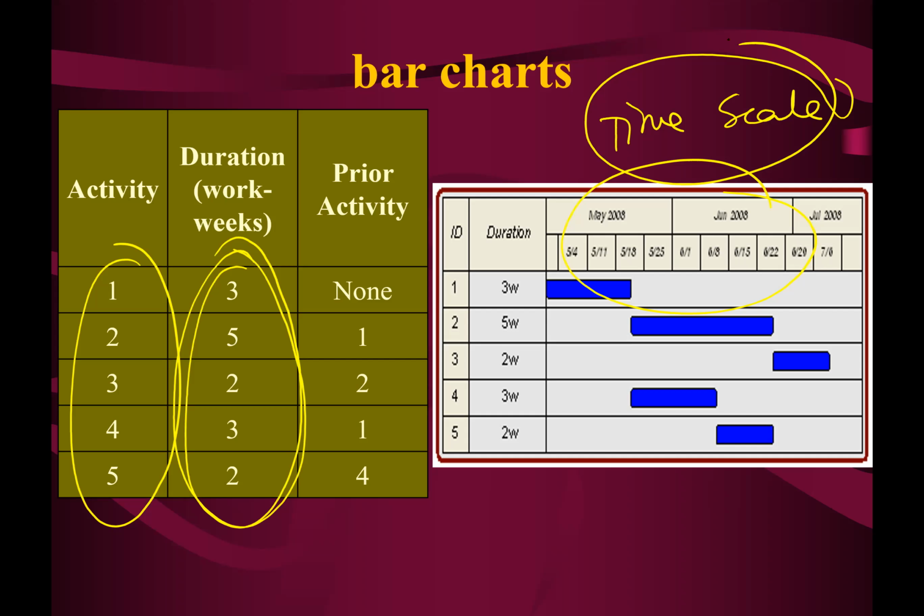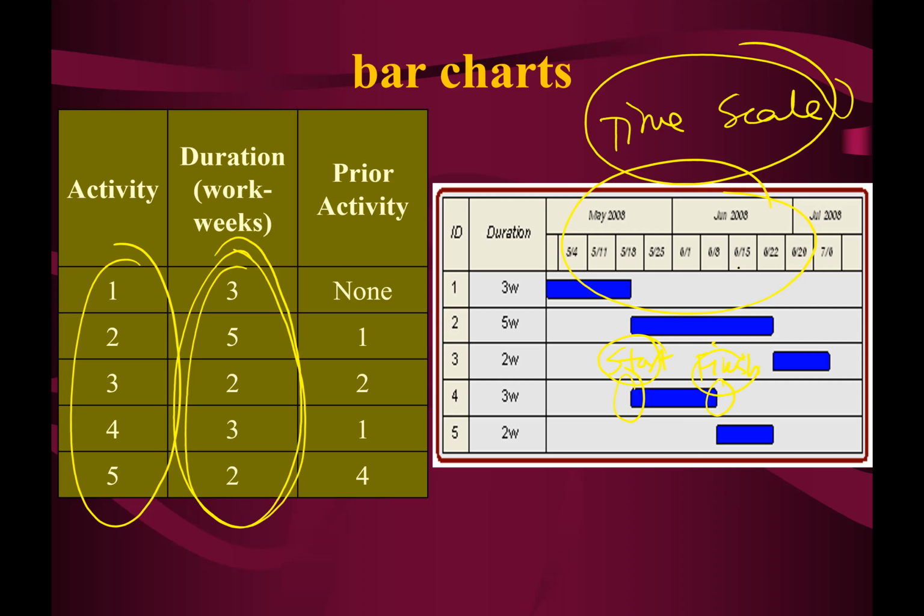You can put it into days, weeks, months, years, whatever. And the left hand side of the bar reflects start, and the right hand side reflects finish. So this is the starting time and then finish time of an activity.